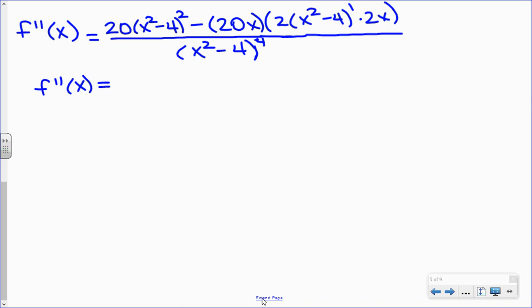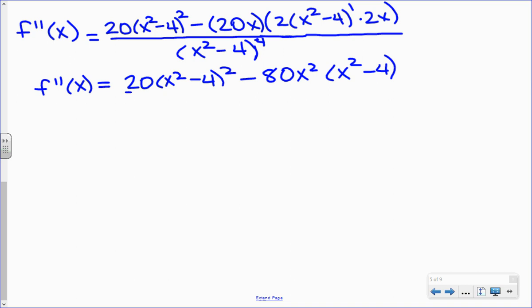So what I'm going to go ahead and do is make this a little easier on us. I'm going to write this as 20 times x squared minus 4 squared minus 20x times 2 times 2x, which would be 80x squared, times x squared minus 4. I want this to be a little more visual for us, okay?